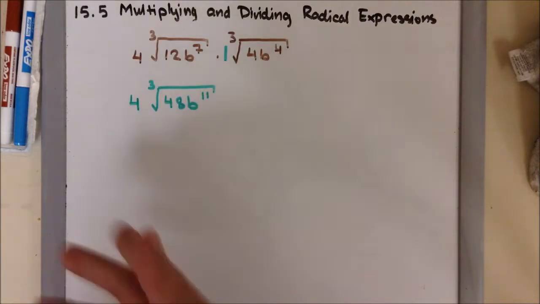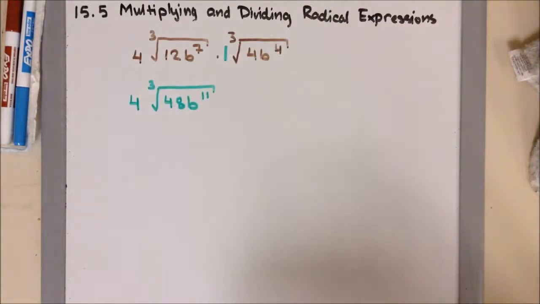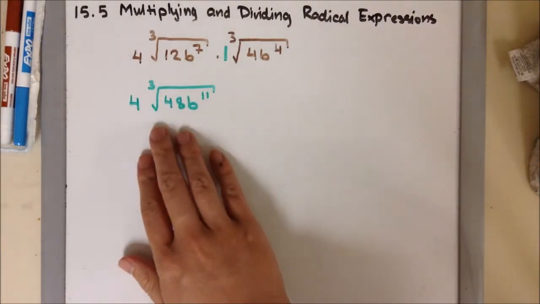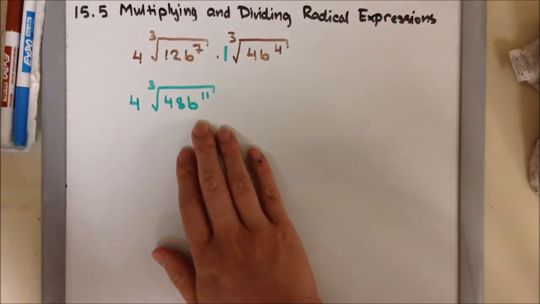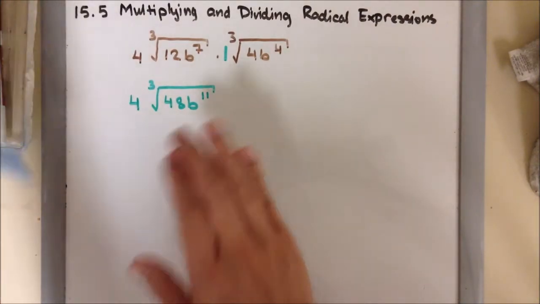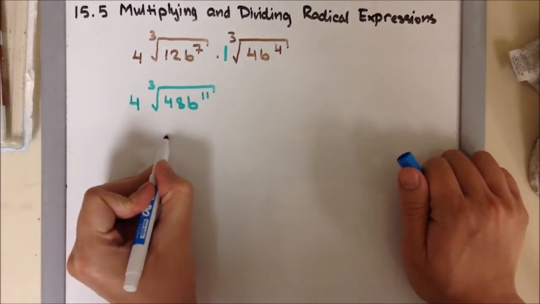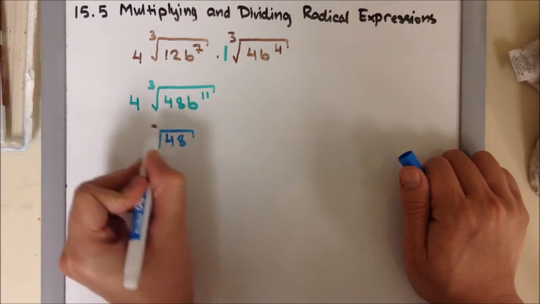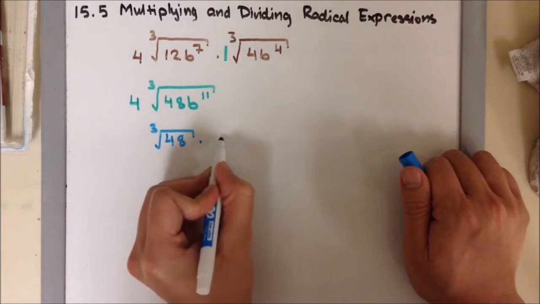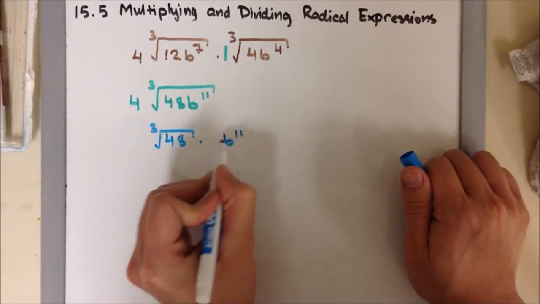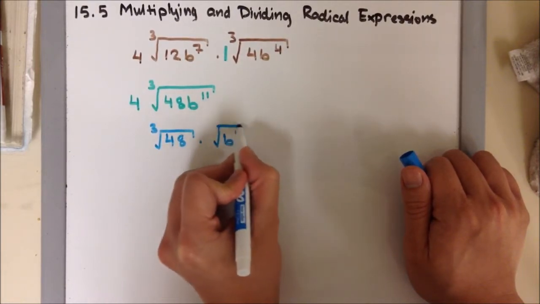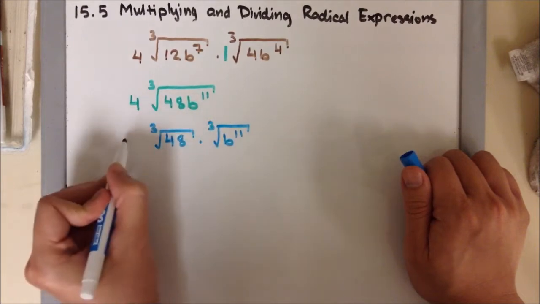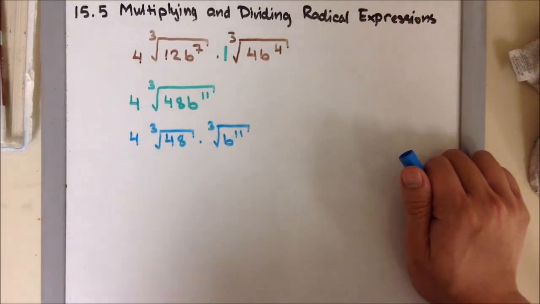So after that, we're going to see if we can simplify, which we can. So I'm going to separate the 48 and the b. So I'm going to have the cube root of 48 times the cube root of b to the 11th power with the 4 outside.